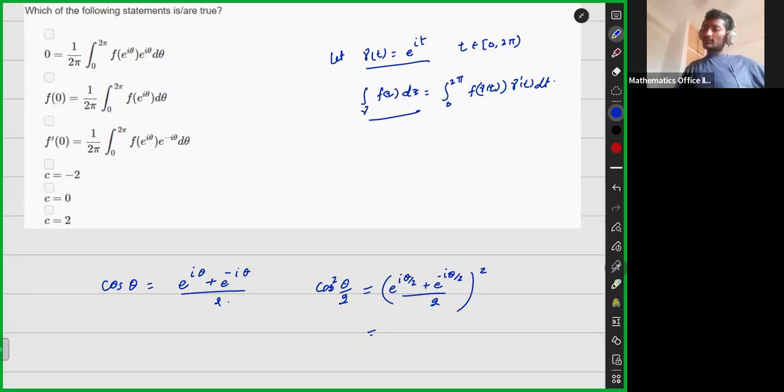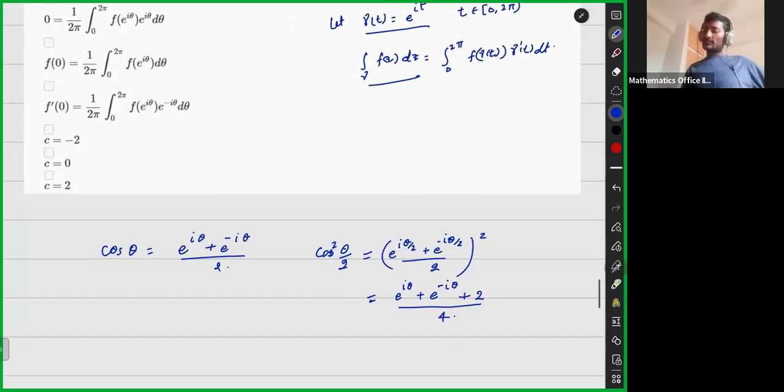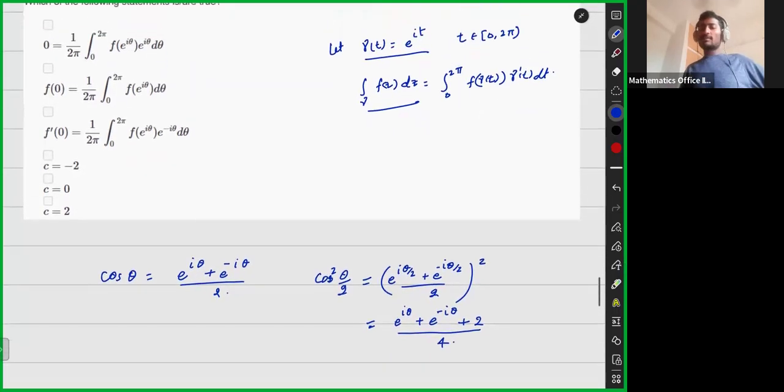So e power i theta by 2 squared becomes e power i theta, plus e power minus i theta, plus 2 into AB, which becomes 2 only, divided by 2 square, which is 4. Fine. And now we have cos square theta by 2 in terms of e power i theta.